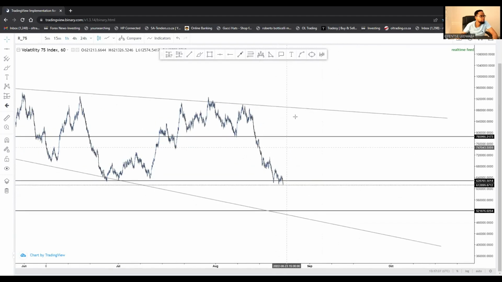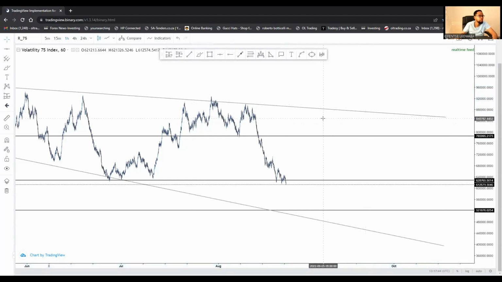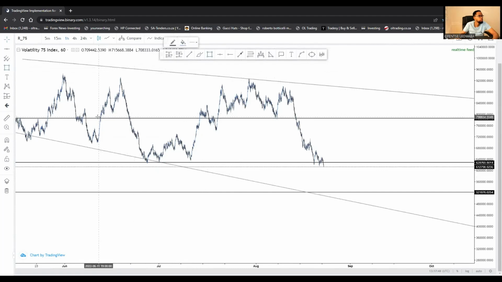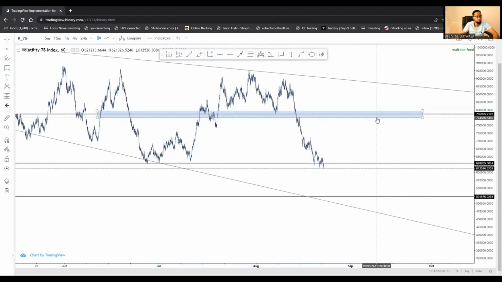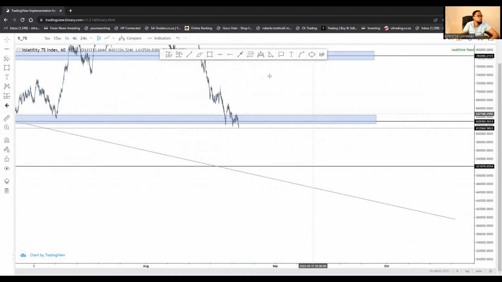Okay, so now we can see we have our line here. Then we have our zone here. So now I can see we are below this zone.